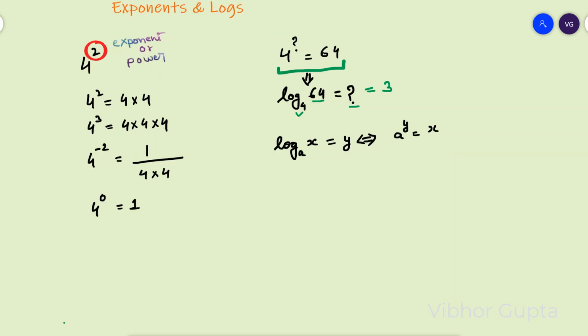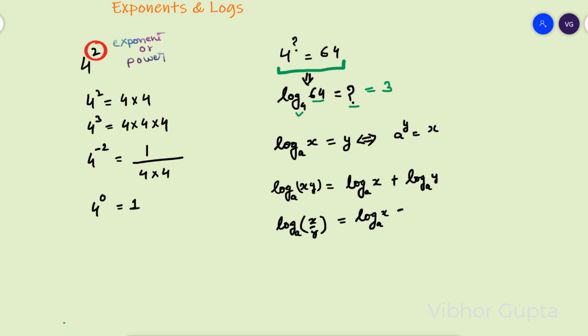Now let's see some formulas related to logarithms. So first, if I say log of xy on base a, it would be log x base a plus log y base a. Similarly, if I say log of x divided by y on base a, then it would be log x base a minus log y base a.